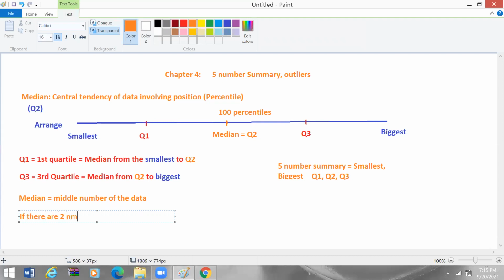We can't really take any one of them, so we're going to average out these 2 and divide by 2. So the median would be equal to the average of these 2.